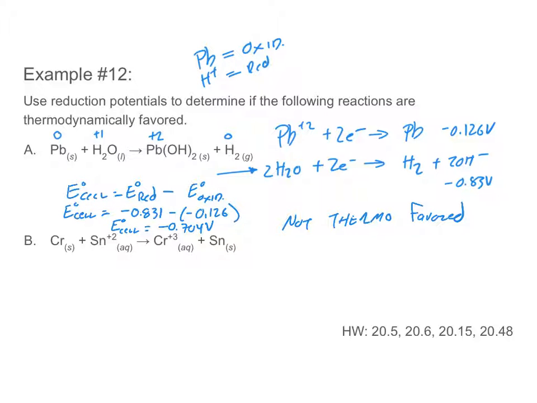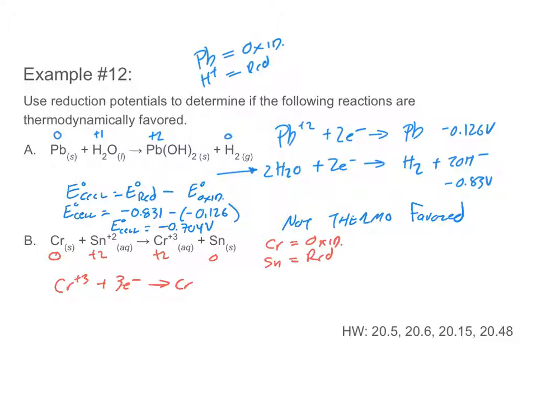Okay. Now with the next one, chromium starts at a 0, becomes a +3. So that tells me that chromium is the oxidizer. Tin starts at a +2, goes to a 0. So that tells me tin is being reduced. When I go to grab those values out of the textbook, I have chromium +3 plus 3 electrons reacts to form chromium.